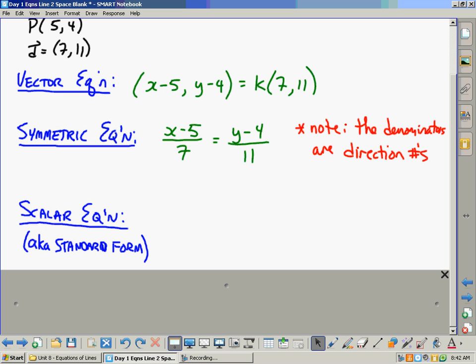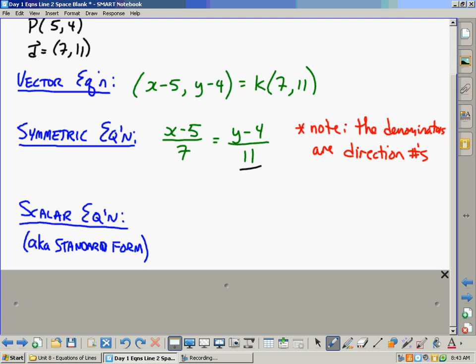The next one is called the scalar equation. Scalar equation is actually also known as standard form. So in grade 9 we called it standard form. Here we're calling the same thing, but it's called the scalar equation. So the scalar equation comes again from the one before it. So we're going to do the symmetric equation, but we're going to perform some of the operations.